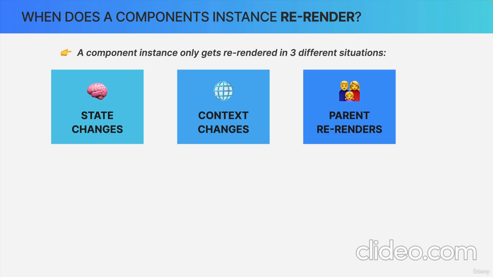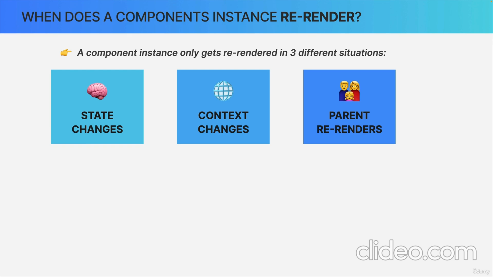But now you might be wondering, what about prop changes? Doesn't updating props also re-render a component? Well, actually, that's technically not the case. So that's a common misconception, and actually, even I told you this at the beginning of the course, but it was only because you didn't know yet how rendering works.